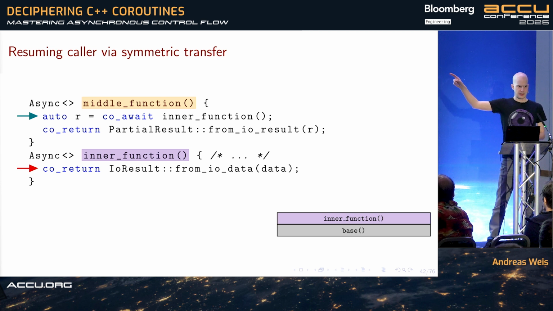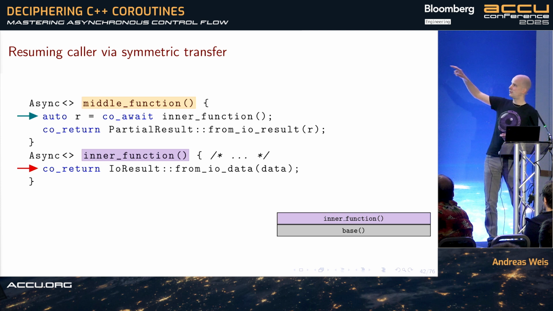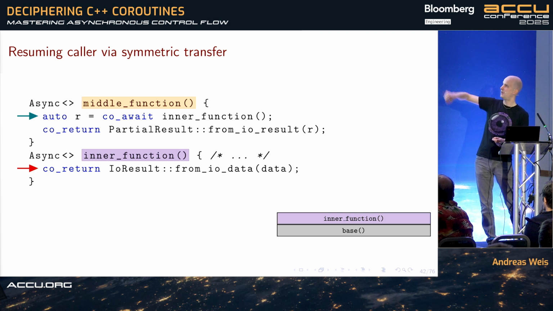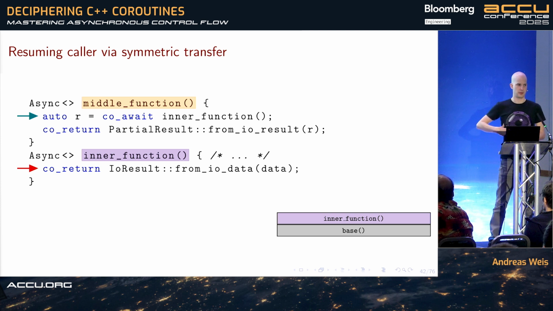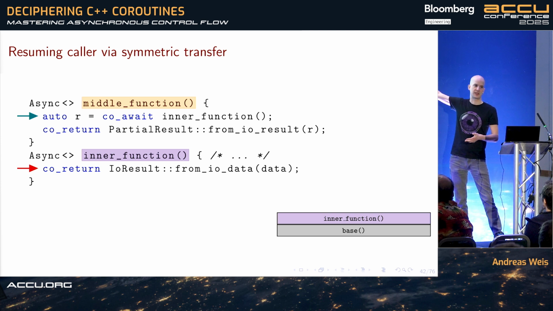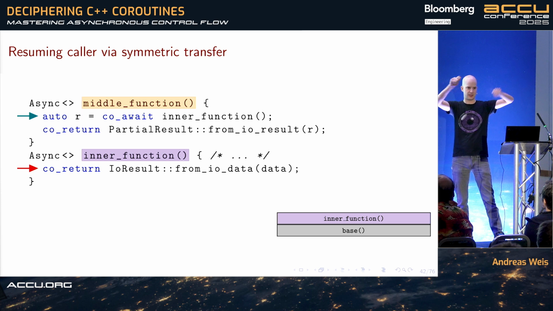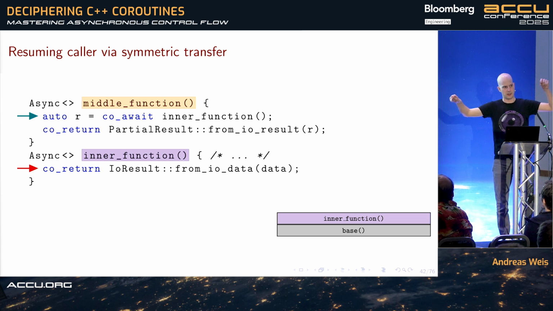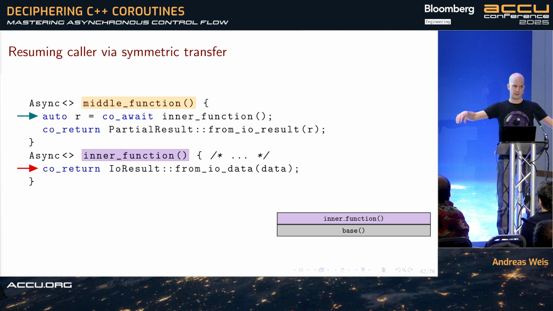So we're at the red arrow here, and we want to get to the pearl arrow in the corner, right? That's where we want to end up. We want to resume the caller of that function, which is not on the call stack, right? Since all of the coroutines are just suspended things that are hanging in the air, and they're only connected through these handles in the promises.